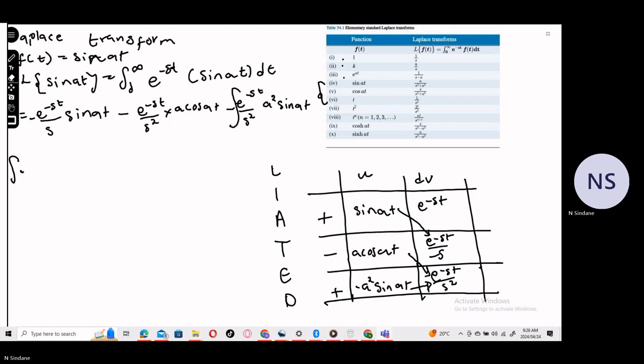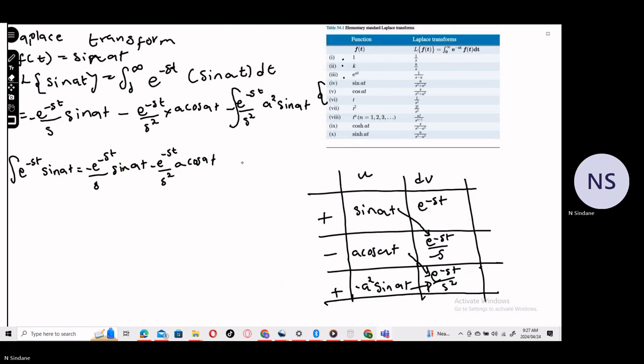The integral of e to the power negative st sine of at is equivalent to negative e to the power minus st over s sine of at minus e to the power minus st over s squared a cos of at. Then lastly we will have minus the integral of e to the power minus st over s squared a squared sine of at.